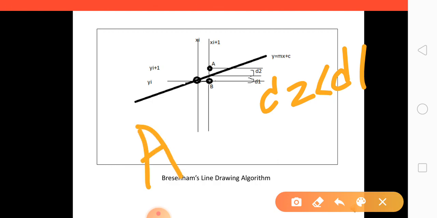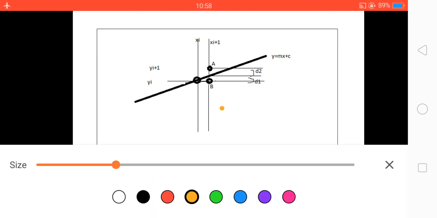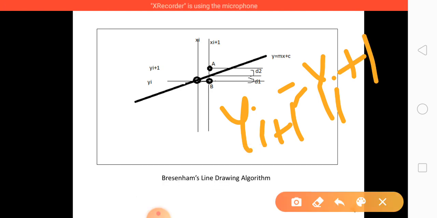And what is the value for x coordinate and y coordinate for pixel A? Xi plus 1, that is obviously xi plus 1, and y coordinate is yi plus 1.